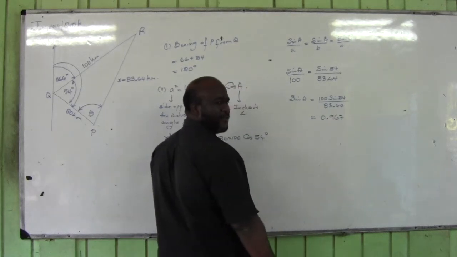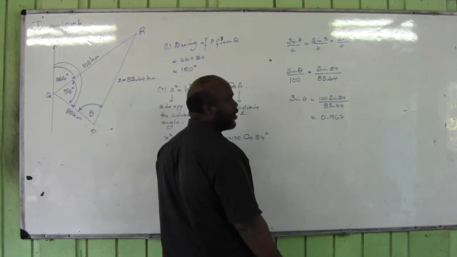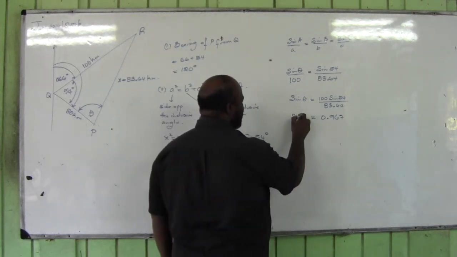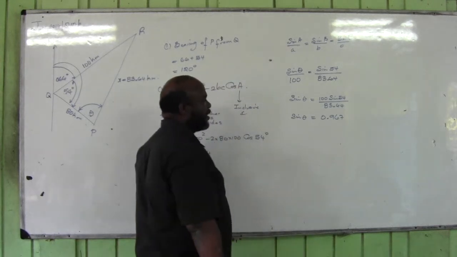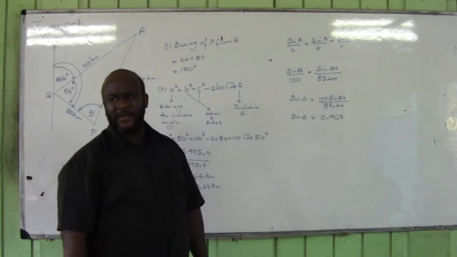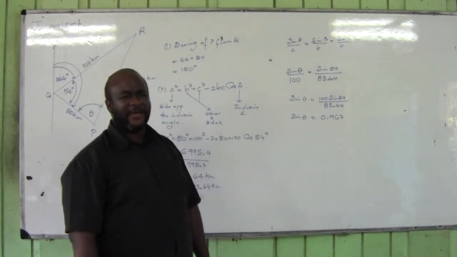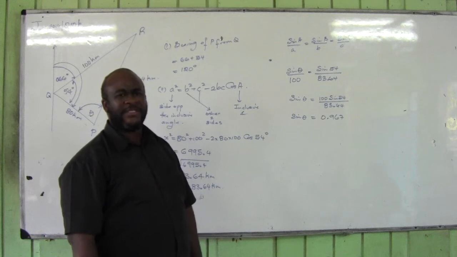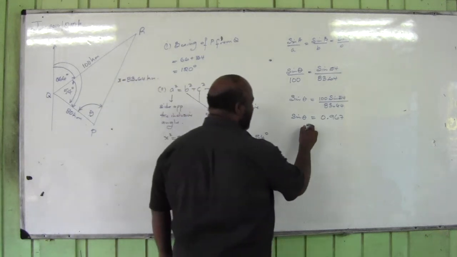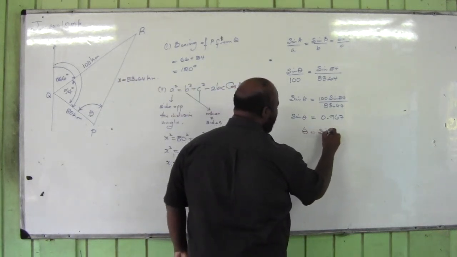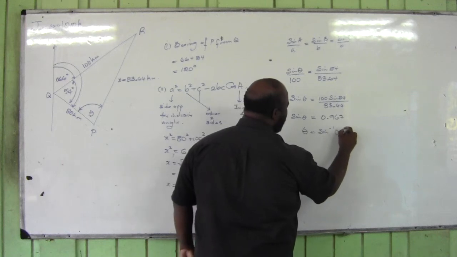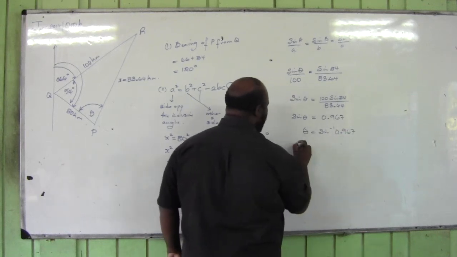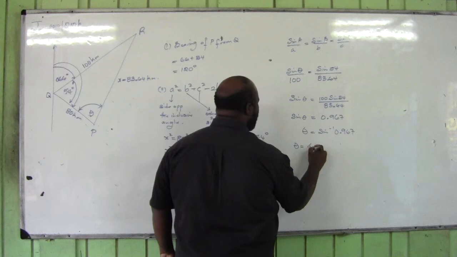This is sine theta. Ladies and gentlemen, if you know the sine of an angle, to find the angle you use sine inverse. Theta is equal to sine inverse of 0.967.